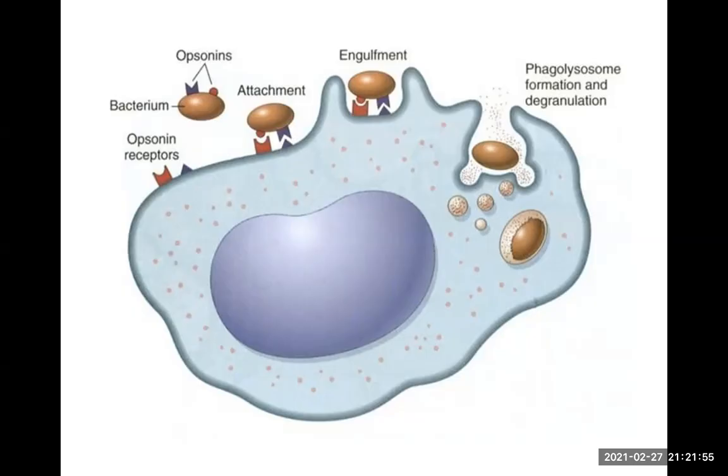So again, I'm going to go over this ad nauseum later on, but opsonins basically tag this foreign cell. So the idea, you guys, is that your body has to be able to recognize a foreign cell. The only way that it can recognize a foreign cell is if it can identify, this is me, this is not me.